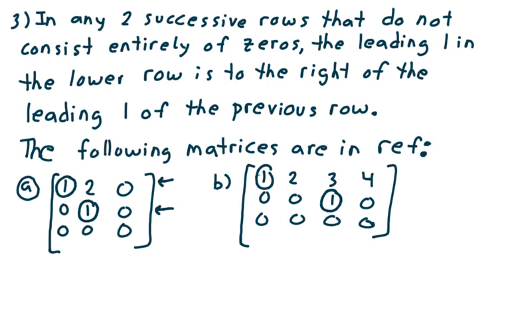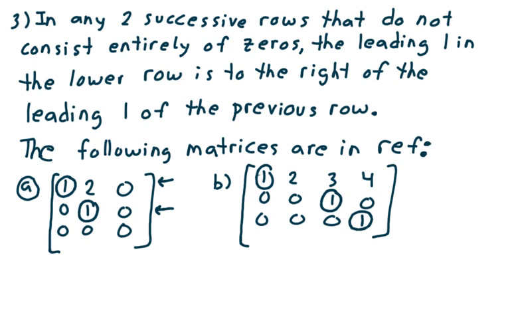Now, one question I have for you is, this again is in row echelon form. If this entry in the third row is 1, this is a leading one. And that leading one in the third row is to the right of the leading one in the second row, and the leading one in the second row is to the right of the leading one in the first row. So it's still in row echelon form.